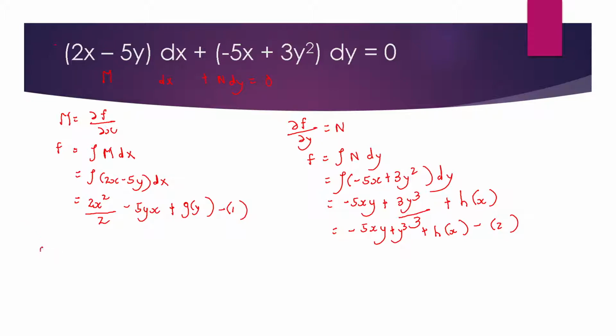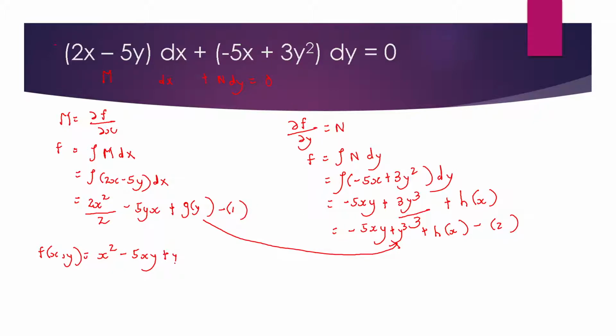f is actually f(x,y). So from equation 1, you obtain x squared minus 5xy, and g(y), a function of y only, is actually y cubed.